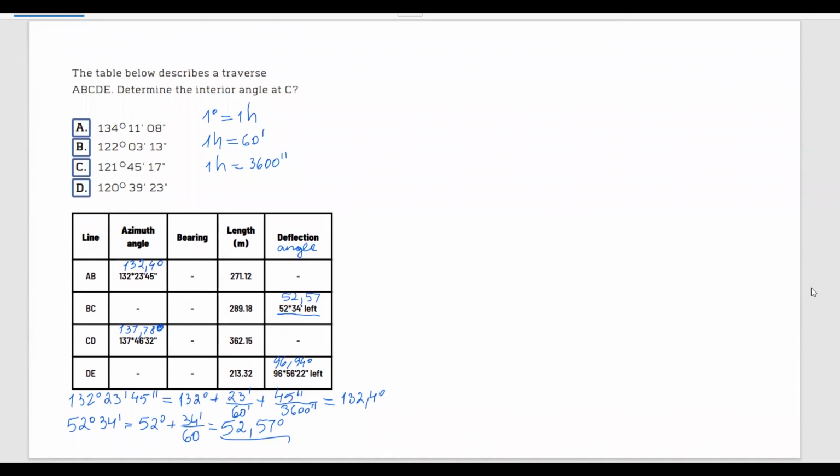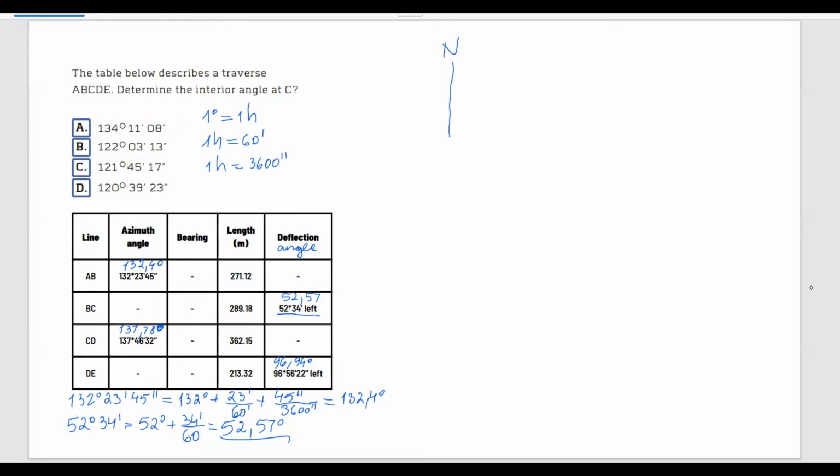Okay, now let's go back up here. Once this is done, let's go ahead and start by representing the line AB. For the line AB, we know the azimuth, and the azimuth is 132.40. Okay, so we're starting at north.